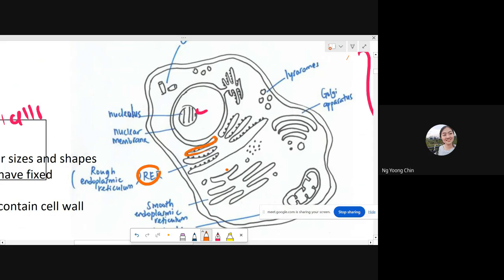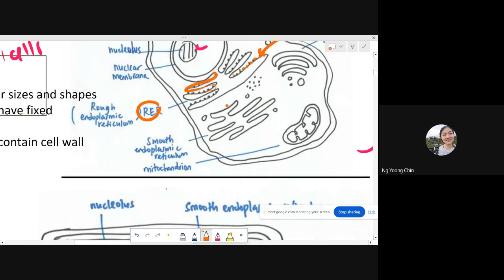It has the ribosomes on it, see, these are the ribosomes. And then when the endoplasmic reticulum extends to the outside, there is no ribosome attached to it, so it becomes the smooth endoplasmic reticulum. You can see, very, very smooth.